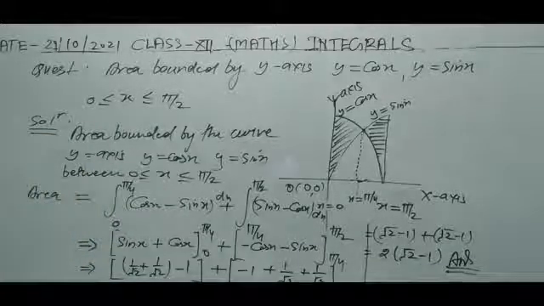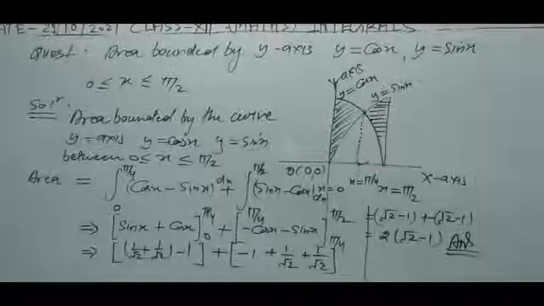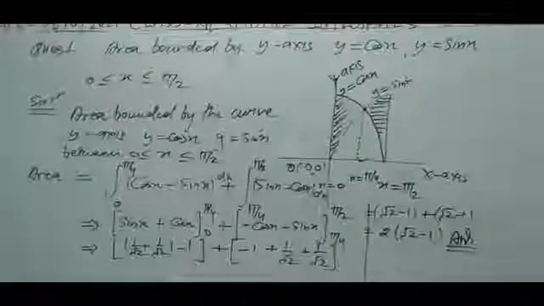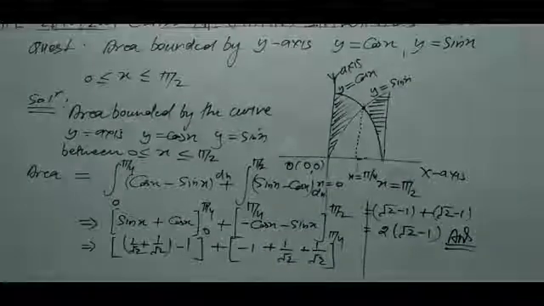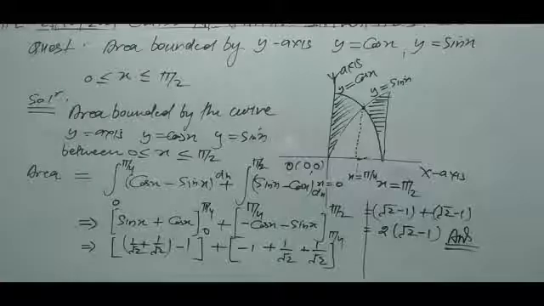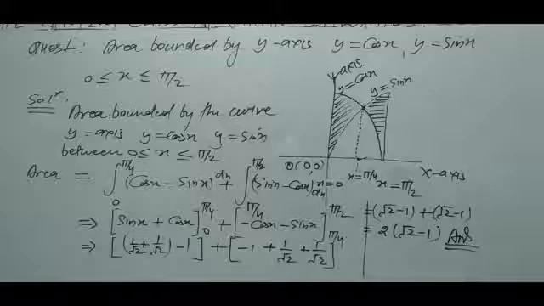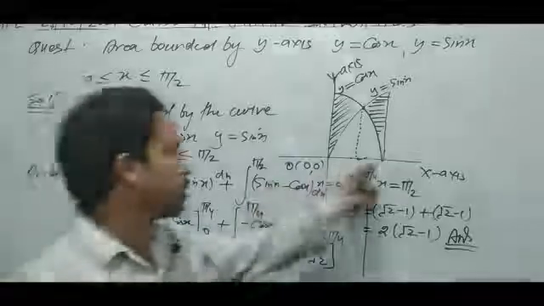Now again see, in this question this was given the domain of the curve lies from x is equal to 0 to x is equal to pi by 2. Means we have to see the area from x is equal to 0 to x is equal to pi by 2.